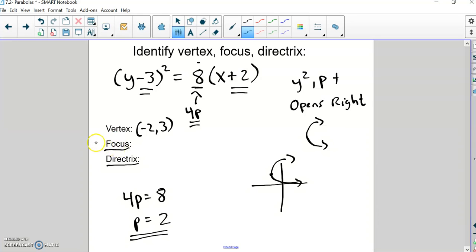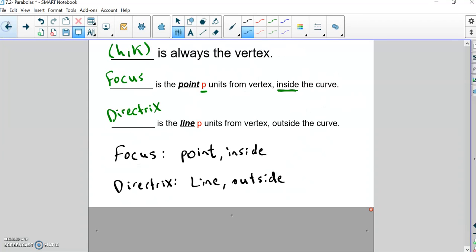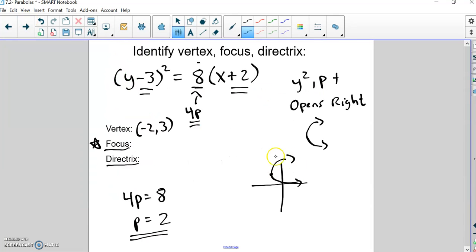The focus is a point that is p units away from the vertex inside the curve. So if we look at this picture that I've drawn right here, to get to the focus, which is inside the curve, we are going to need to go p units to the right. Okay? So try and think with me here.